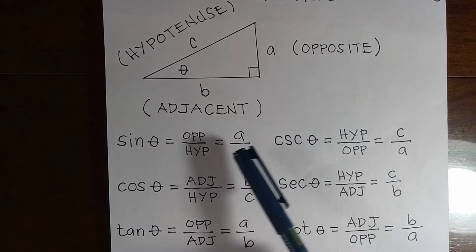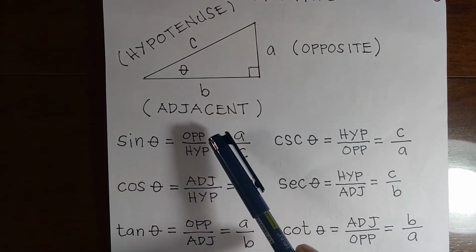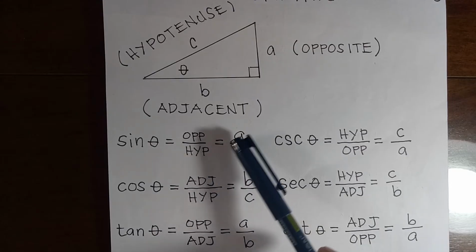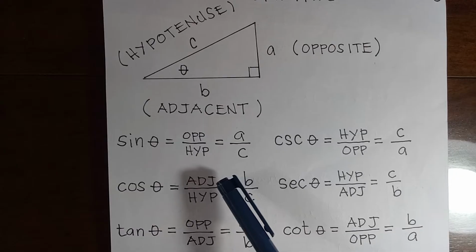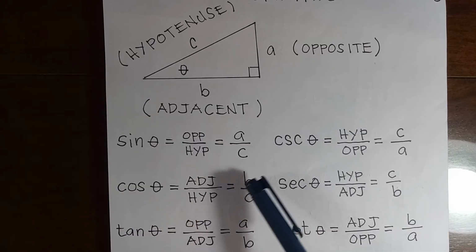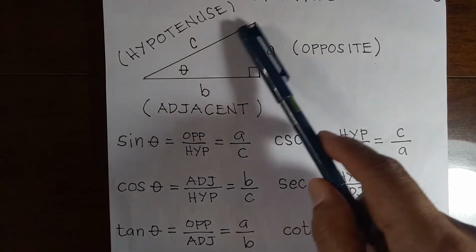Okay? So, sine theta, opposite divided by the hypotenuse, so A over C, no? Cosine theta, adjacent divided by the hypotenuse, B over C, no?